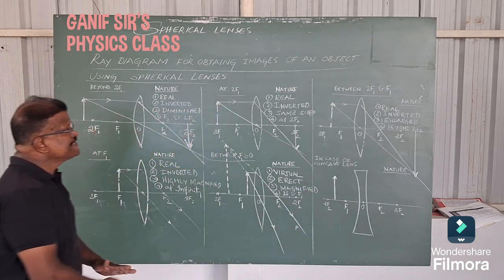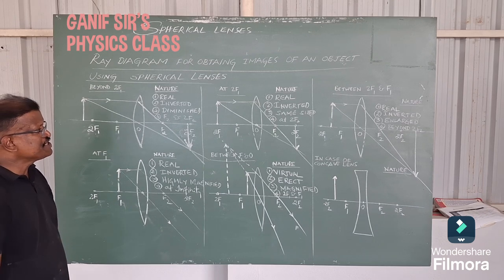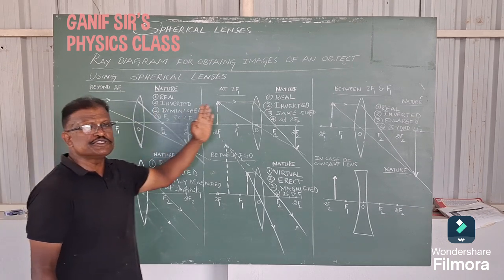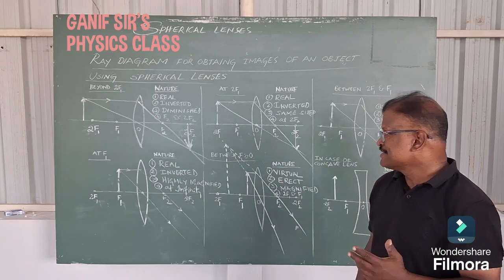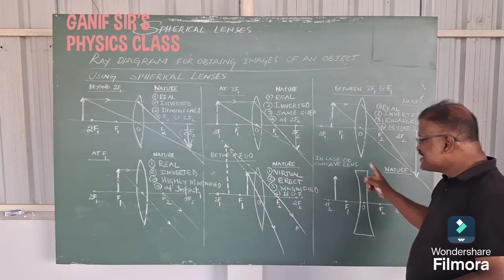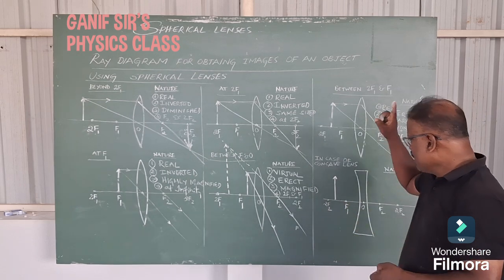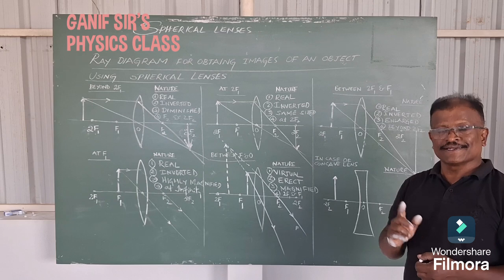So this is the nature of images we get at the different positions of the object using a convex lens.